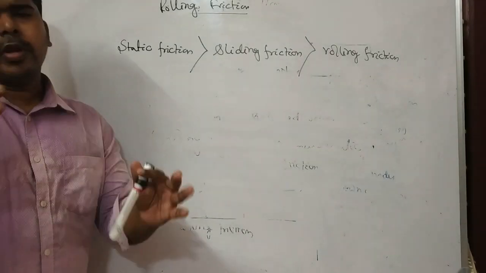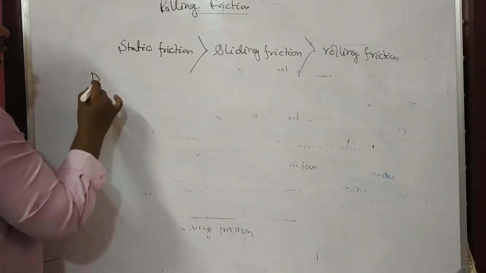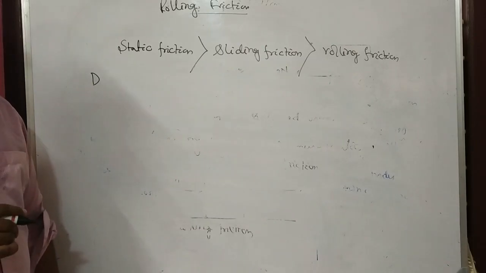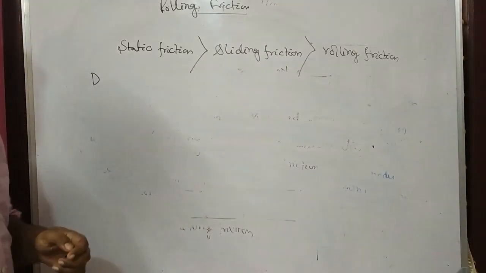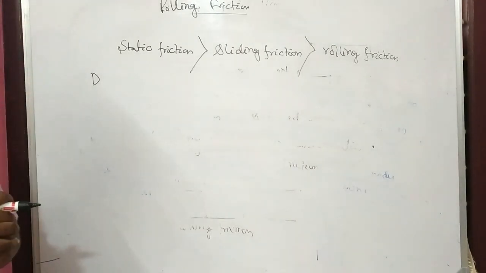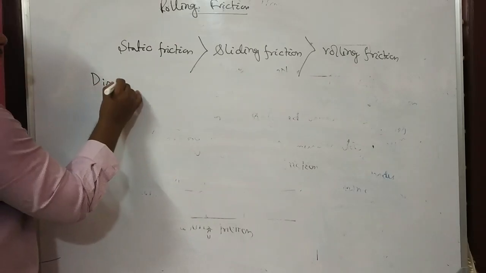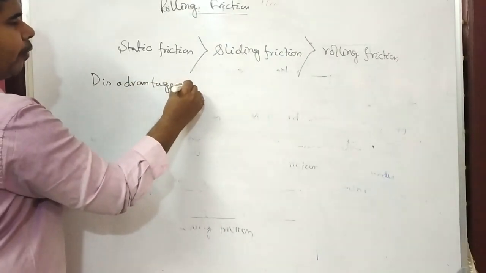Now, whenever we talk about friction, the simple thing that comes into our mind is that due to friction, many disadvantages happen. Because of friction, I cannot push an object, pull an object, or roll an object properly. So what are the disadvantages of friction?